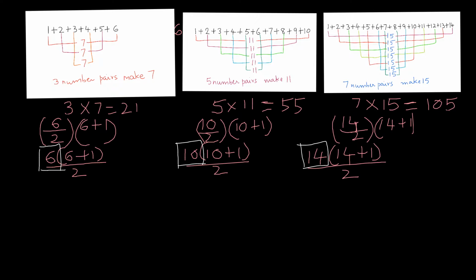Now, numbers that change in algebra are called variables. Variables are numbers represented by alphabets in small case, and these variables can take any value. And as you see, they have taken on 6, 10 and 14 in this case.